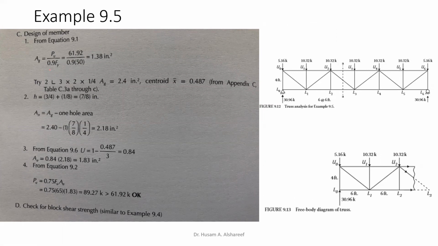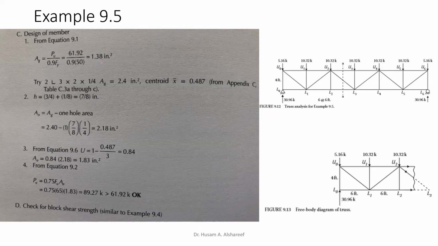Our attempt here is to find the gross area. We already found Pu, which is 61.92, divided by 0.9 times Fy, which is 50, and it gives me 1.38 inch squared. That's the gross area, so we're going to select our section based on the gross area.